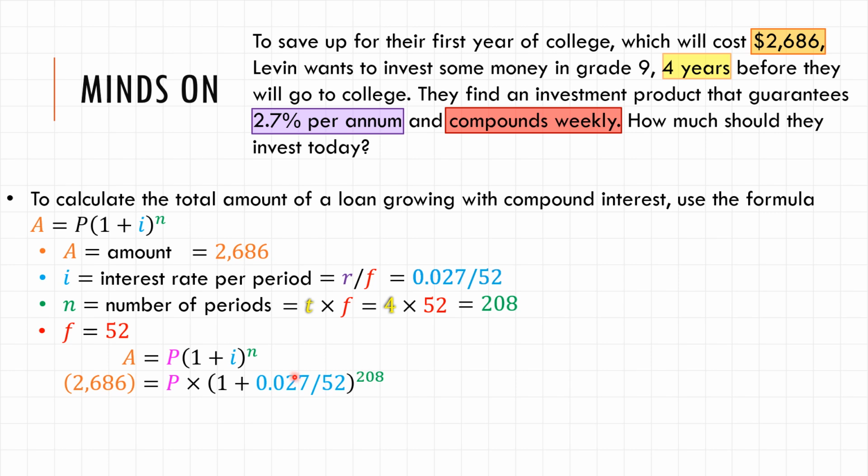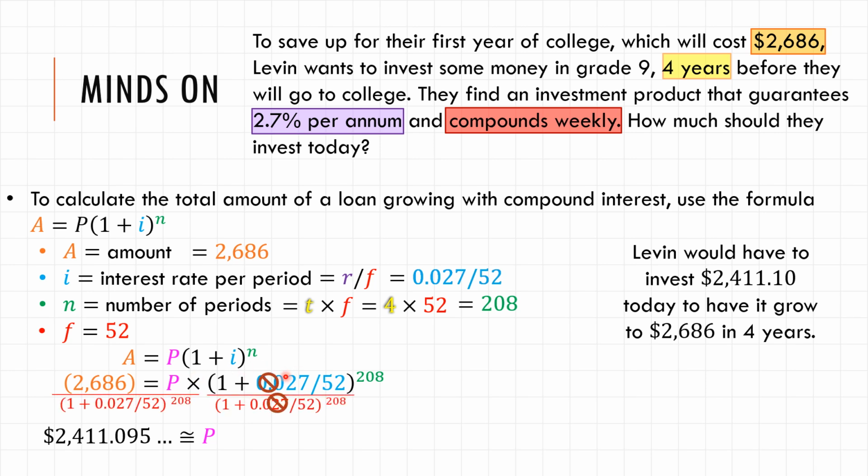And if we were to just divide both sides by this number right here, you can try putting it into your calculator if you'd like. You could do 0.027 divided by 52 plus 1 and then to the power of 208. Whatever that number is, we'd have to divide the right side by that, and then divide the other side by it as well to isolate P.